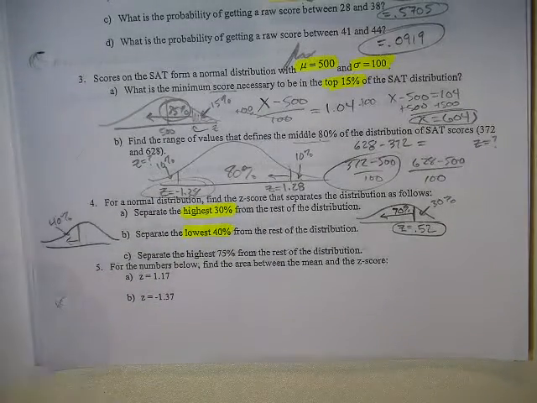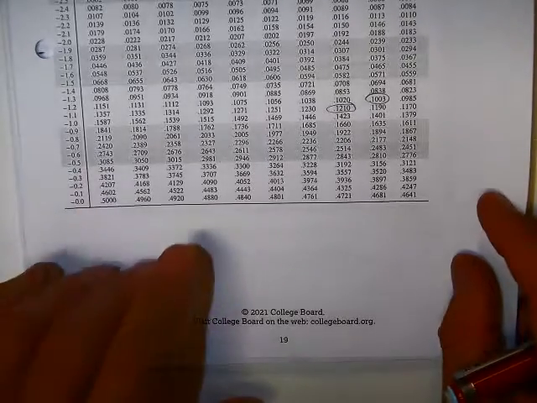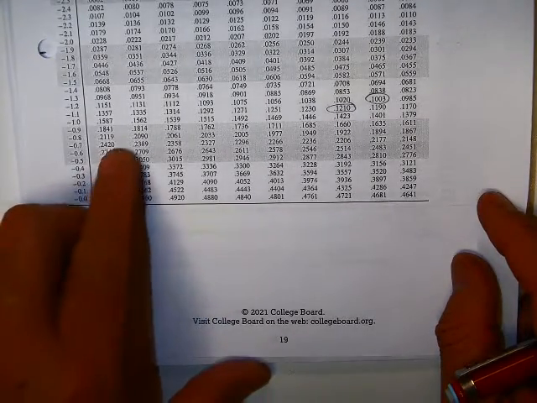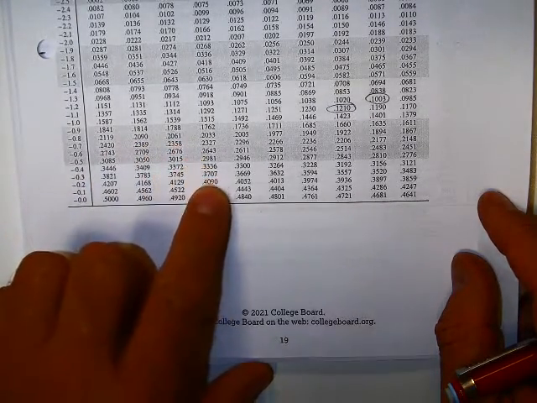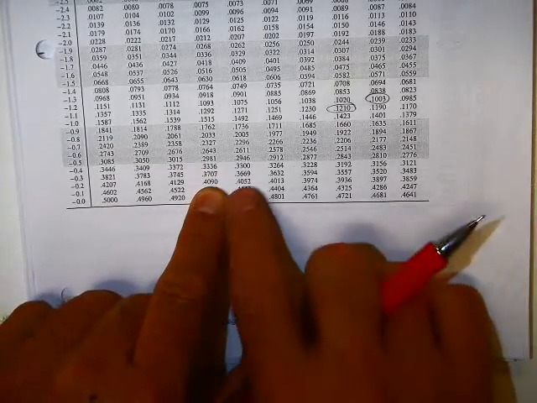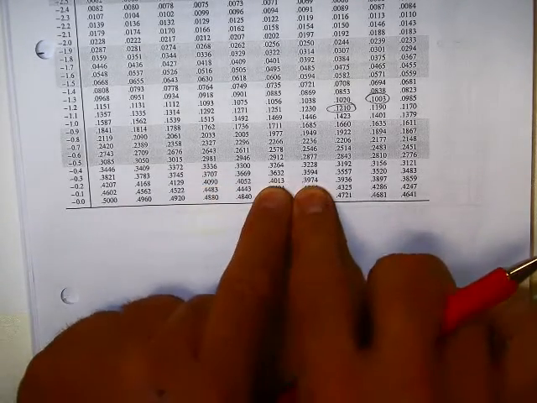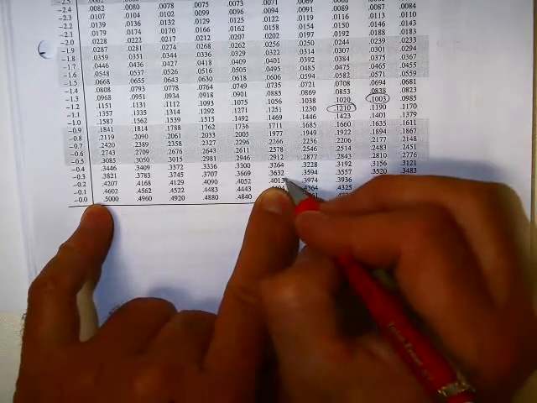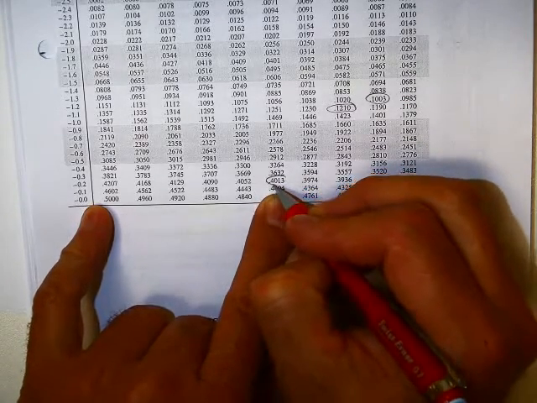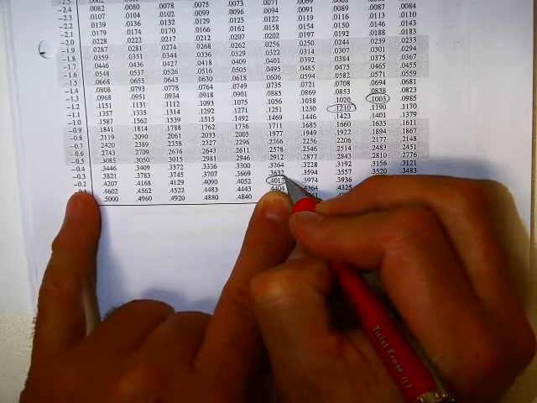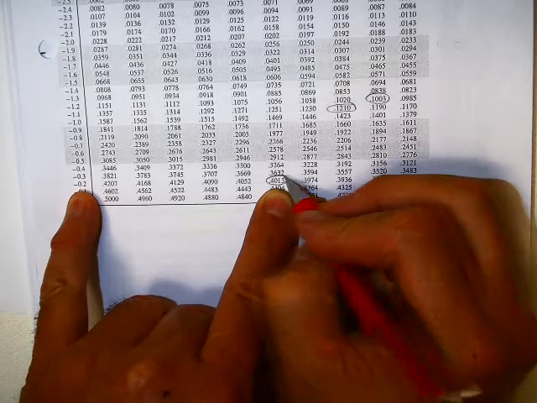And I can go straight to the table on that because I don't need to change that. So the lower 40%, oh, that's pretty close, heading in the right direction. Definitely this guy right here is the closest, and that is a negative 0.25.